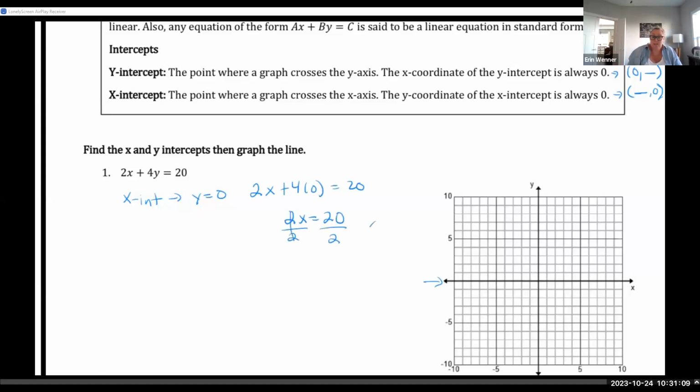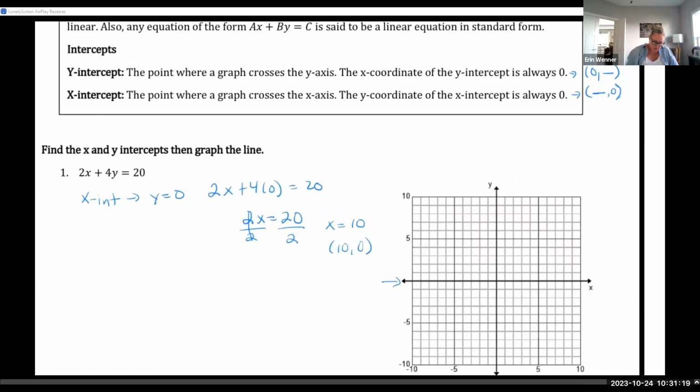So if we write that as the ordered pair, that's going to be the ordered pair 10, 0. Okay. So if we go to our graph, 10 on the x-axis is right here, and then the 0 for y means I don't move off of it. I just am right there. So that's the x-intercept. Now we want to find the y-intercept.